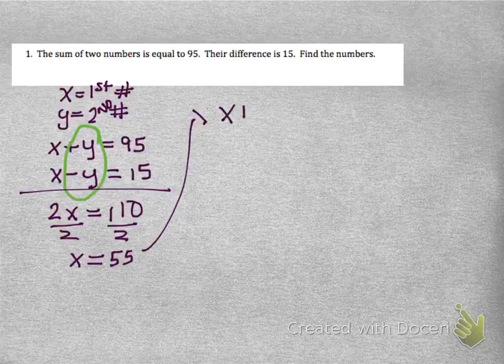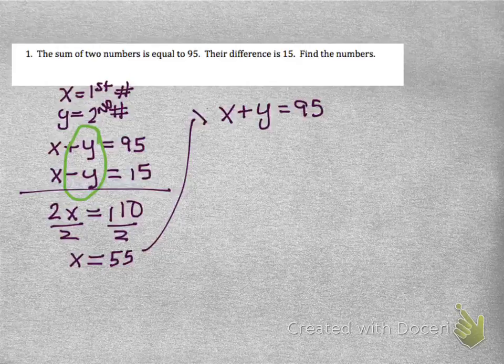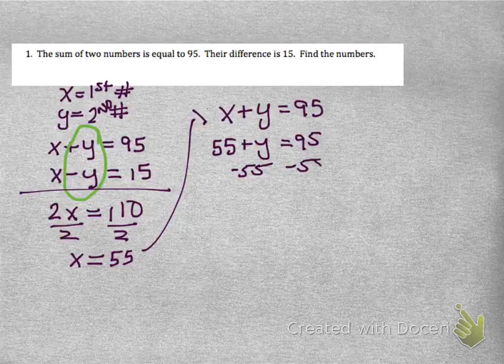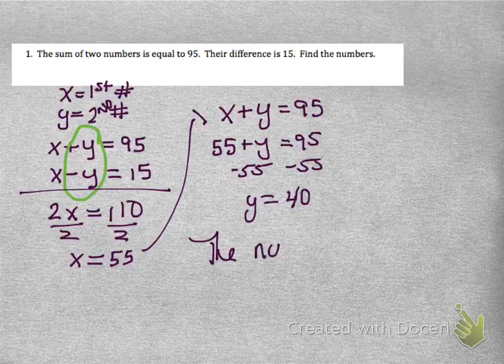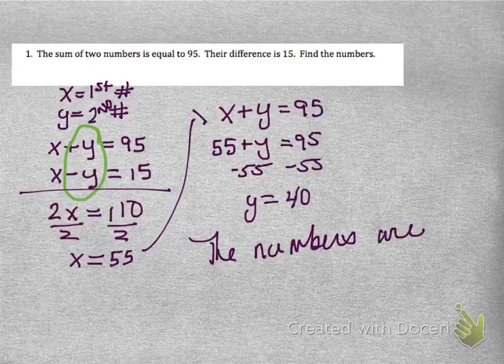And I can plug it into either equation. And so I get that y is equal to 40. Of course, I would want to check that in both equations to make sure it works. And because I have a word problem, I should give a word answer.